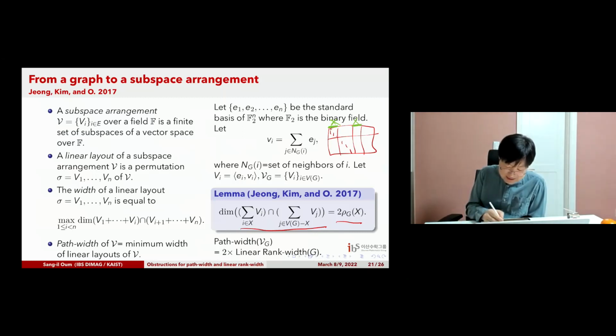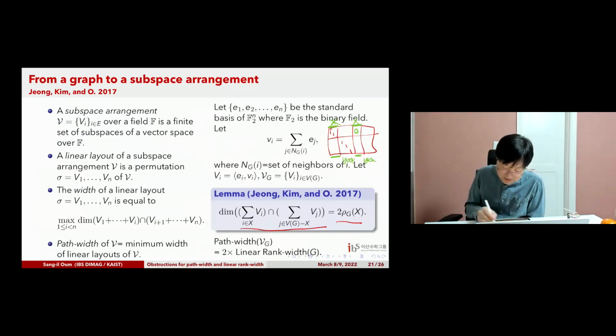Since X contains the identity part here, I can assume that this is 0, and the span doesn't change. The span of this plus that doesn't change, even if I change this to 0. What about the complement? I have the span of the complement.